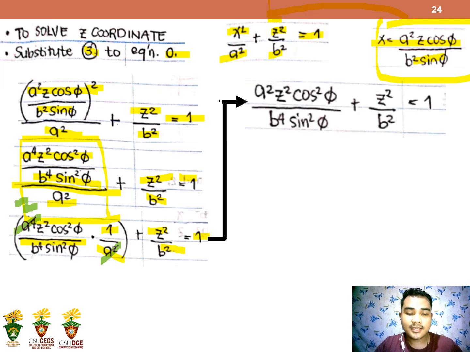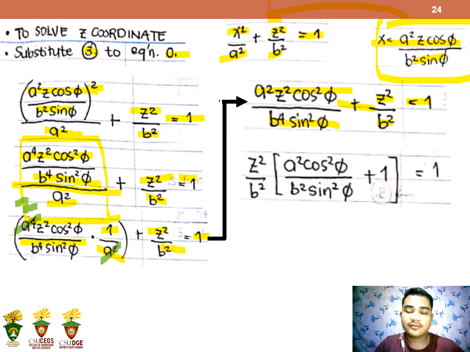Next, we simplify again. Therefore, it becomes a squared z squared cosine squared geodetic latitude over b raised to the power of 4 sine squared geodetic latitude plus z squared over b squared equal to 1. Simplify again: since there is a common variable, z squared over b squared, we take it out as a multiple.